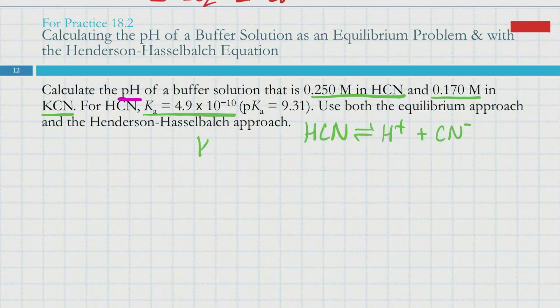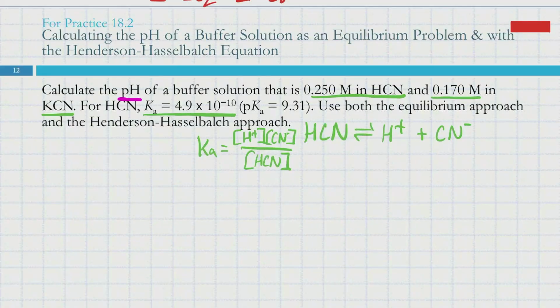Our Ka then is concentration H plus, concentration CN minus over concentration HCN. Does it matter if we write CN or KCN?